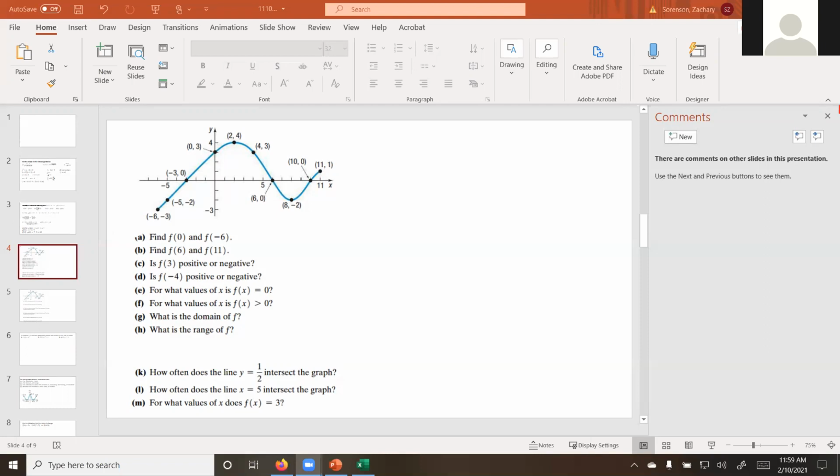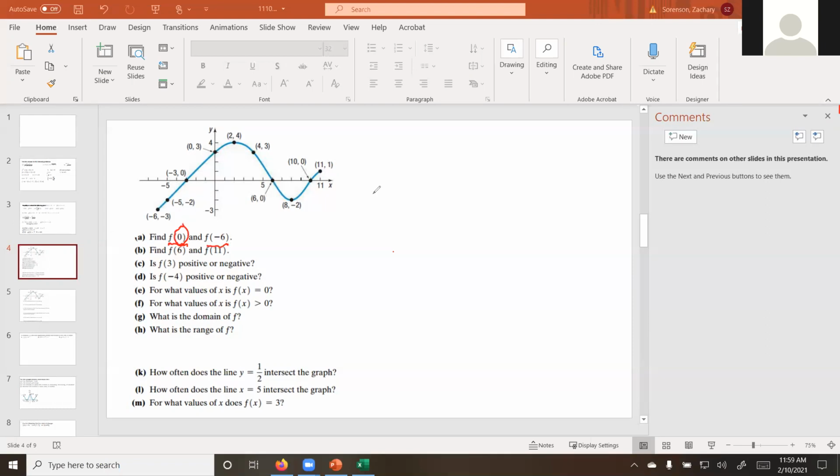Okay. So first things first, I want to find f of 0 and I want to find f of -6. So we have seen this notation before, we just haven't really seen it with a graph. When I'm dealing with an equation, I just plug in the value and solve or evaluate. But when I'm dealing with a graph, what I do is this guy is going to tell me my x value.